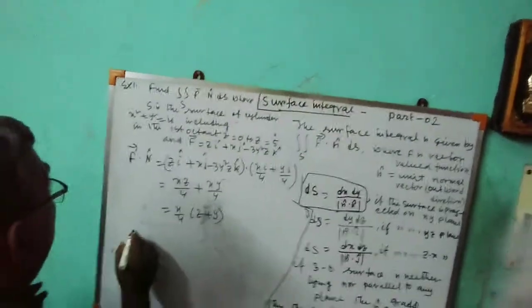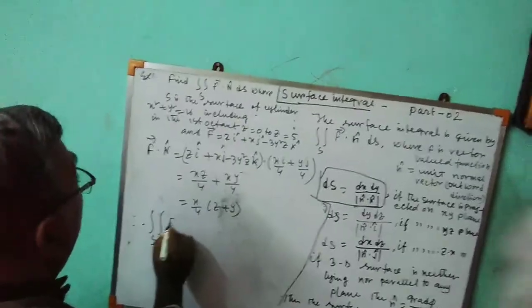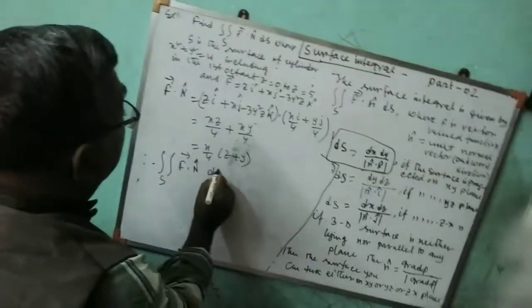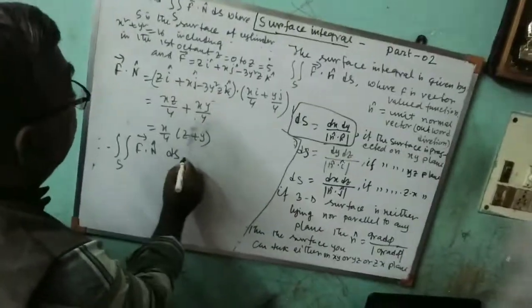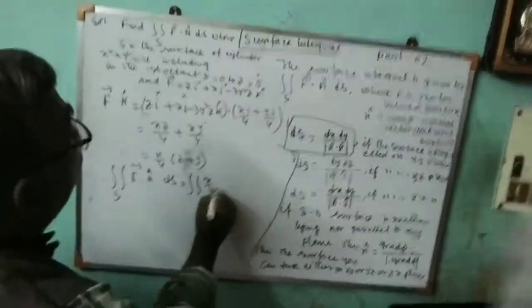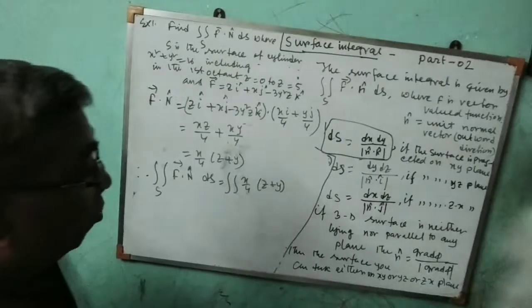Now, a very important thing. Therefore, the surface integral of f dot n ds is equal to, putting the value of f dot n, x by 4 times z plus y into ds. So what is the value of ds?